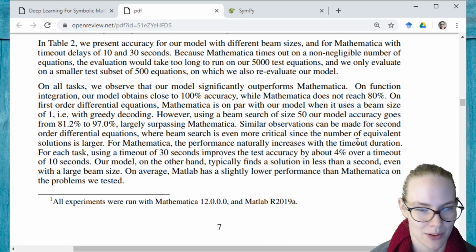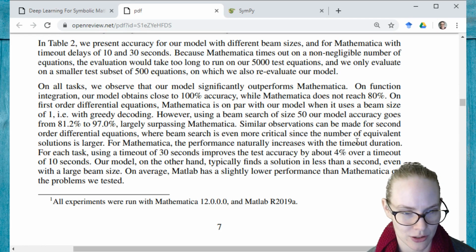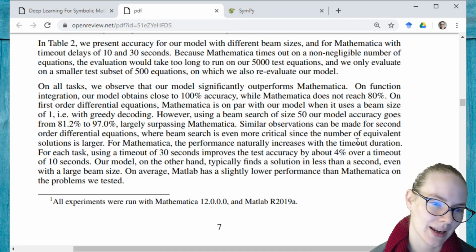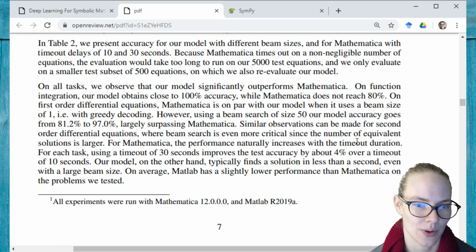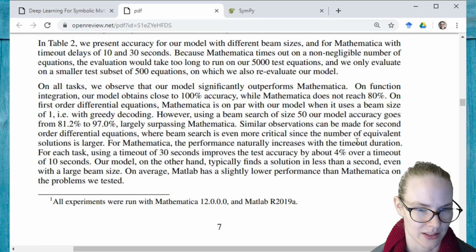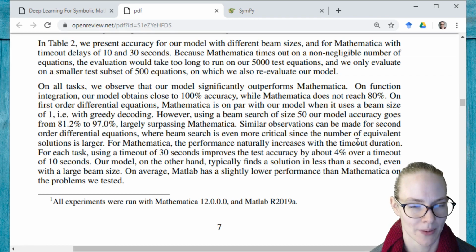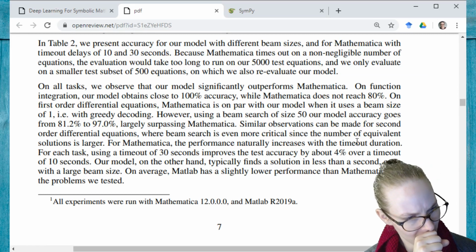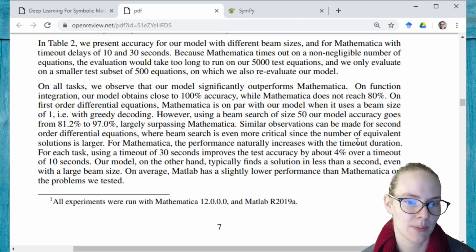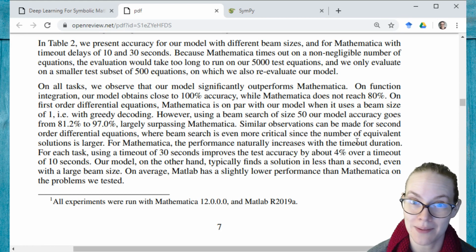Similar observations can be made for second-order differential equations, where beam search is even more critical since the number of equivalent solutions is larger. For Mathematica, the performance naturally increases with a timeout duration. For each task, using a timeout of 30 seconds improves the test accuracy by about 4% over a timeout of 10 seconds. Our model, on the other hand, typically finds a solution in less than a second, even with a large beam size.